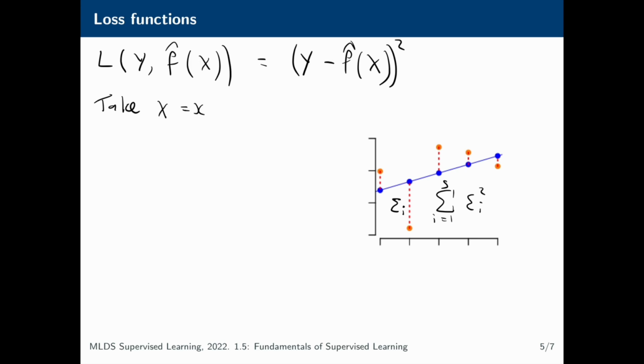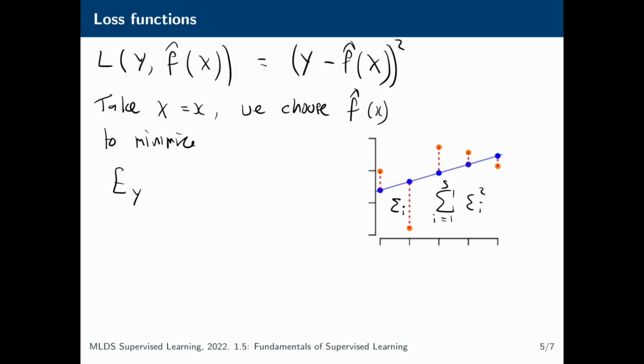If we take x as some fixed value little x, so we condition on the value x, we're going to choose our estimator f hat as a function of little x. We choose f hat of x as the minimizer that is going to minimize our loss function averaged over the distribution of y.